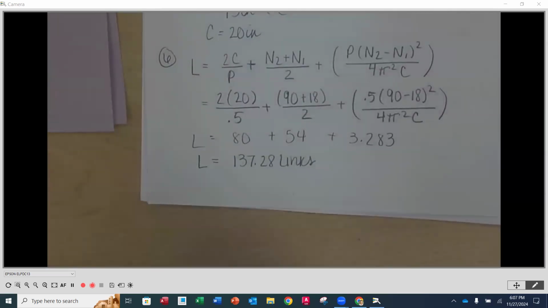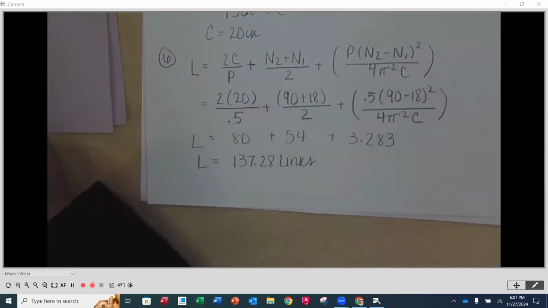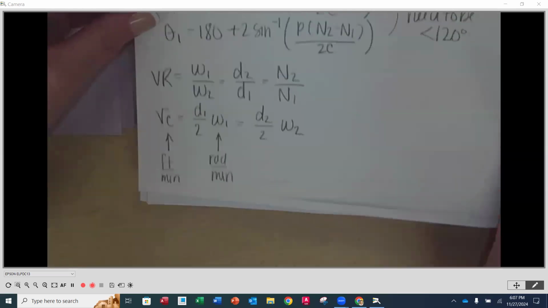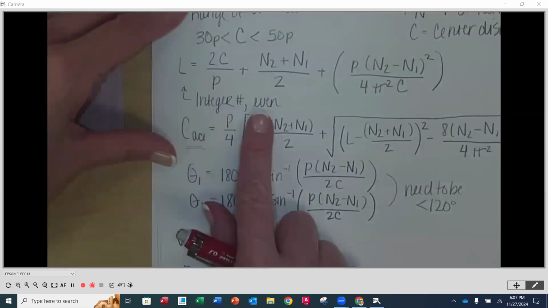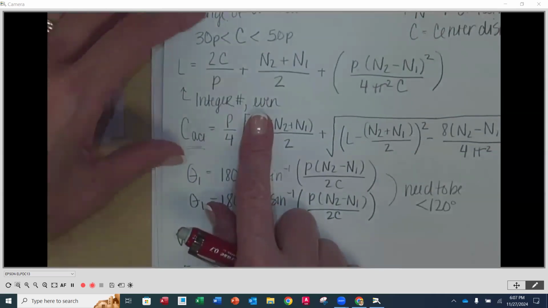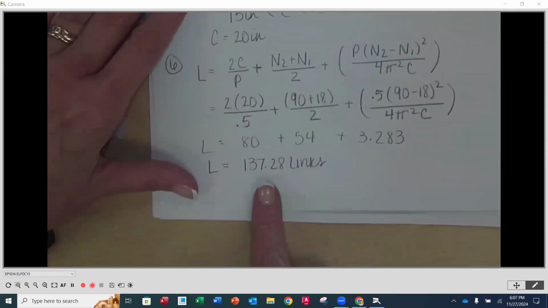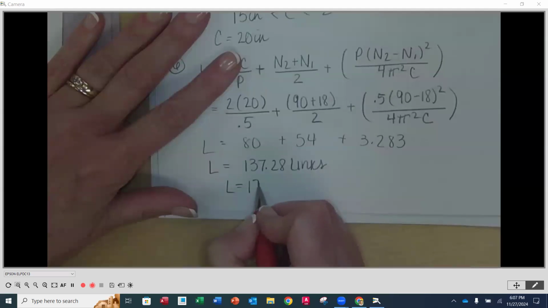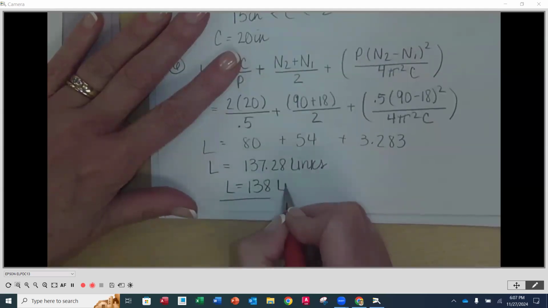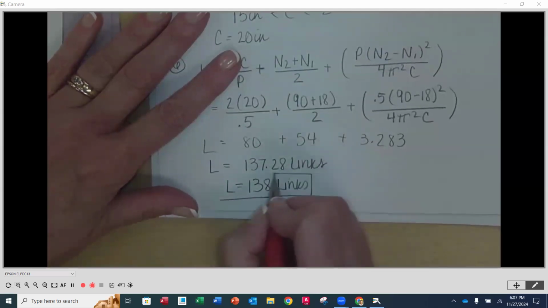And so now, if you recall from our equation sheet, we said the links need to be an integer number and it needs to be an even number. So instead of going down to 137, because that's an odd number, we're going to specify 138 links for our length.